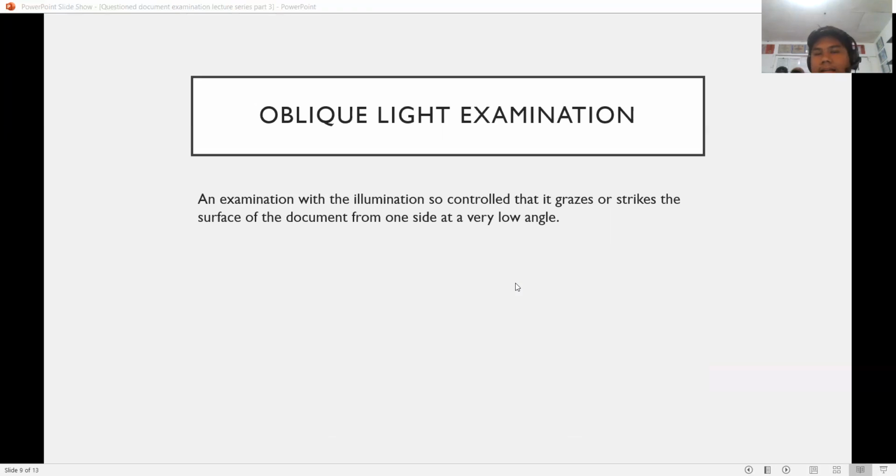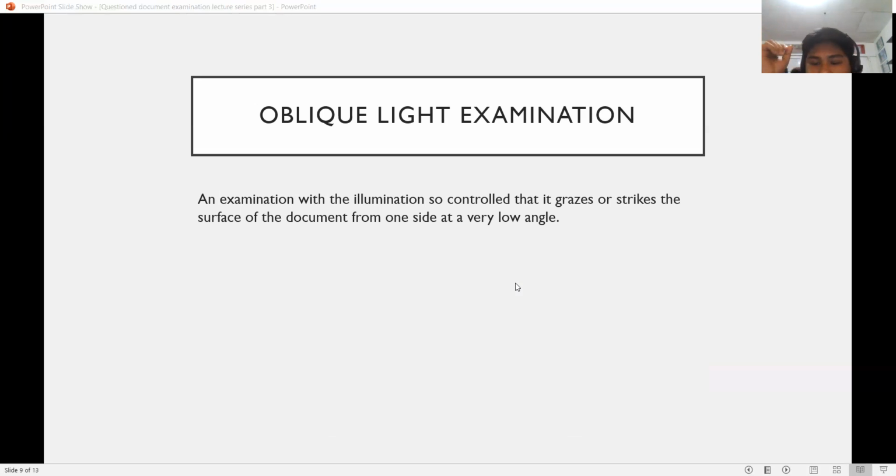Next, we have the oblique light examination. From the term oblique, so sa side. So it is an examination with the illumination so controlled that it grazes or strikes the surface of the document from one side at a very low angle. So, decipherment of faded handwriting, determination of outlines in traced forgery, embossed impressions, etc. are subject to this type of examination.